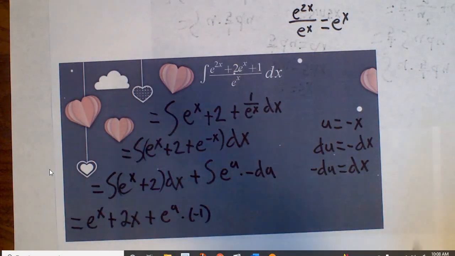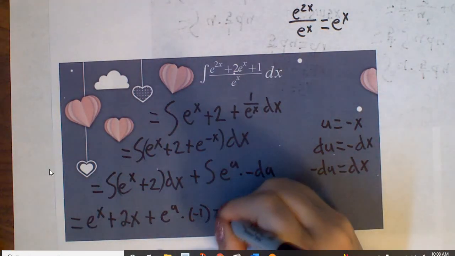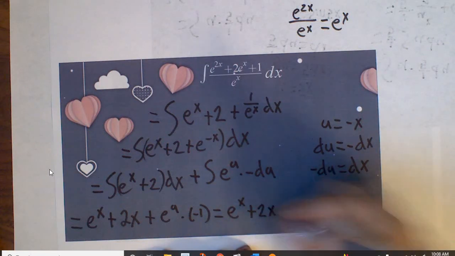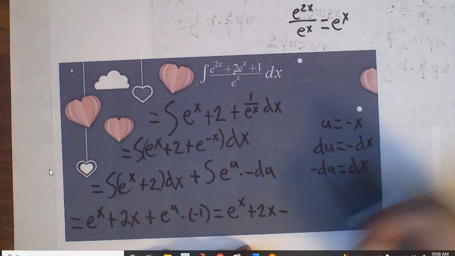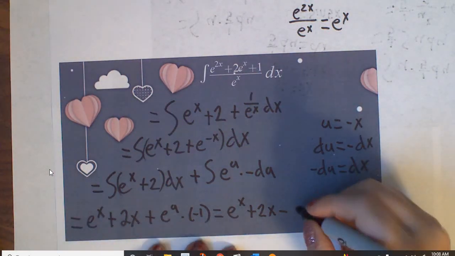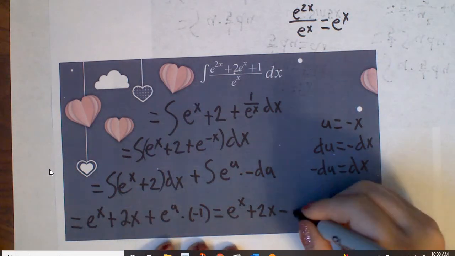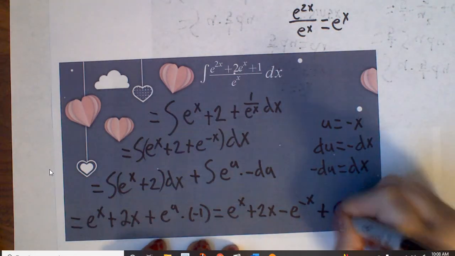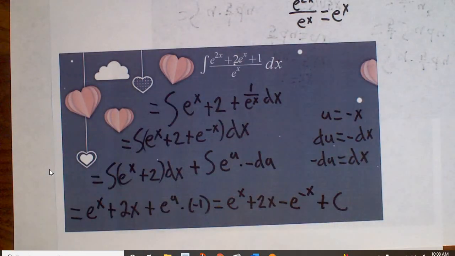So I'm just going to change that to subtraction here in a second. And then our last step is to substitute that back in. So I have negative, so I changed to subtraction, e to the negative x, and then we need to add in our plus c.